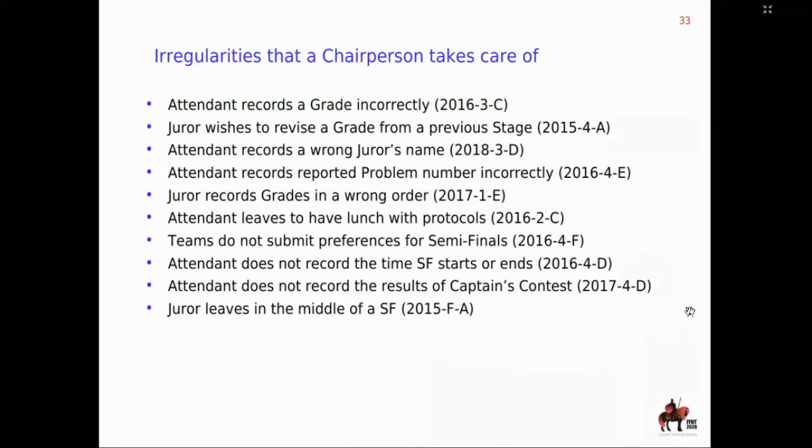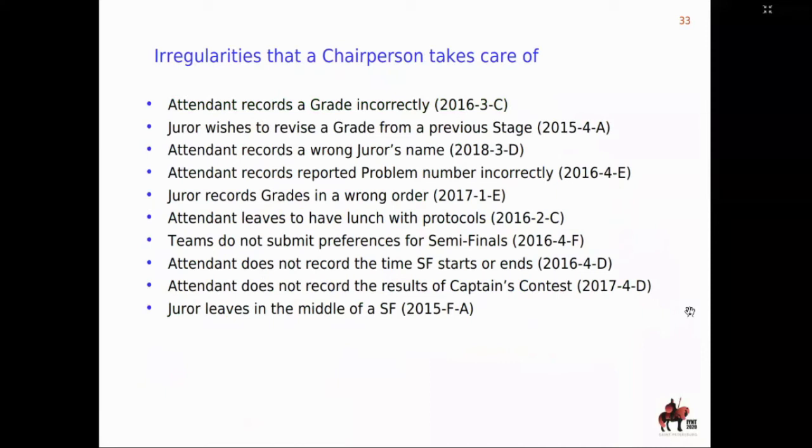The chairs are experienced in this IYNT, and they know that in some cases in the past, we had various problems in the science fights, such as, for example, jurors wishing to revise a grade from the previous stage, or jurors wishing to leave in the middle of a science fight, or teams not submitting preferences for semifinals, and so on.